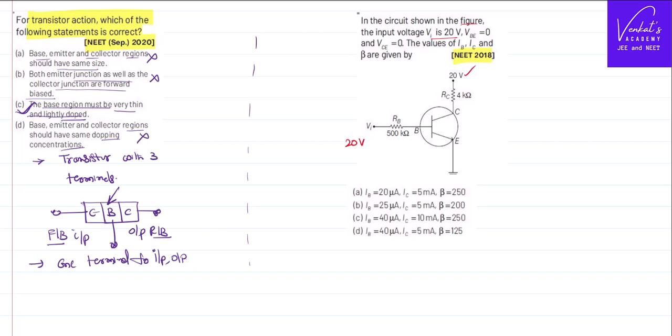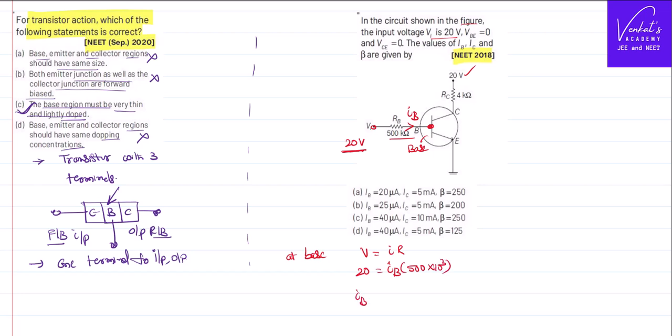See, this is the base. The current passing here I have to find out, that is called IB. We can clearly see that in between these points the voltage is 20 volts, because VBE is given as 0 volts. So I can write V equals IR. At base, the voltage available is 20, I is I base, and the resistance given is 500 kilo ohms, that is 500 into 10 power 3.